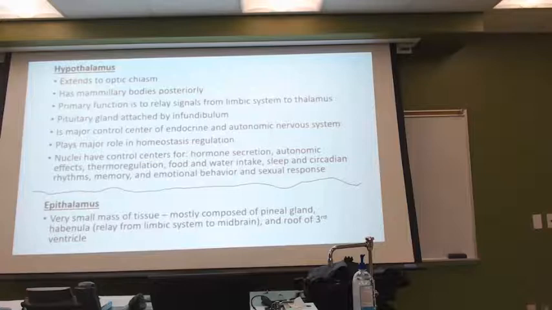Now it's no longer just maintaining body temperature. We've got to maintain pH, oxygen levels, CO2 levels. All these things are working in the body that we're not even aware of, because this is taking care of it, and areas of the brainstem.